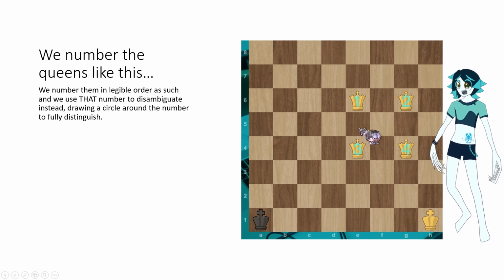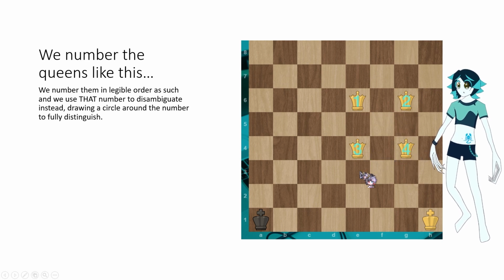We're going to number these. Remember how we were taught to read from left to right? Even this text right here, we would read from left to right, and then on the next line we would go down and read again from the far left to the far right. We're going to apply the same logic with these 4 queens, as you can see here.